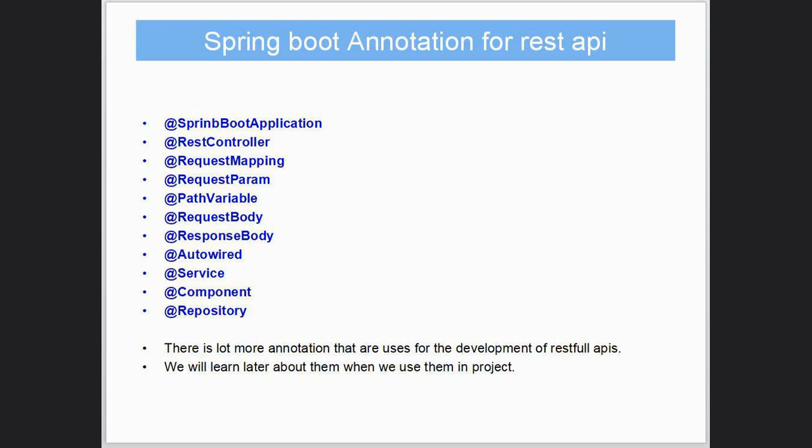Then we learned the @Autowired annotation, then @Service, @Component, @Repository. And friends, there are a lot more annotations that we use for the development of RESTful APIs. We will learn about them later when we use them in projects.